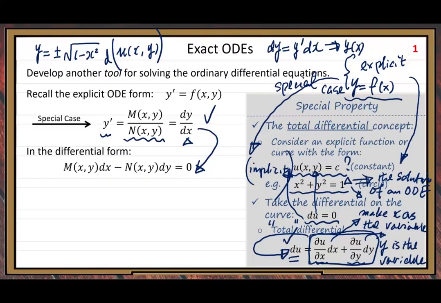But when we work on this form, we want to target our existing knowledge. We spent a lot of time to understand that total differential background knowledge. Why do we do that? Because we want to make a connection. This new form looks somewhat related to the total differential form, right?